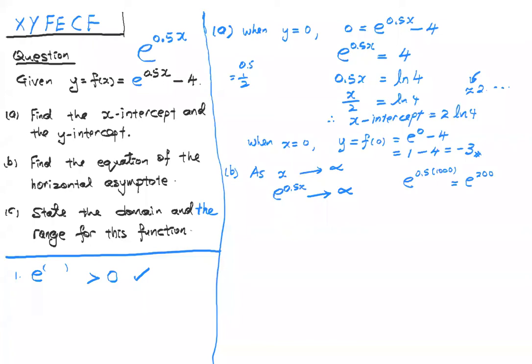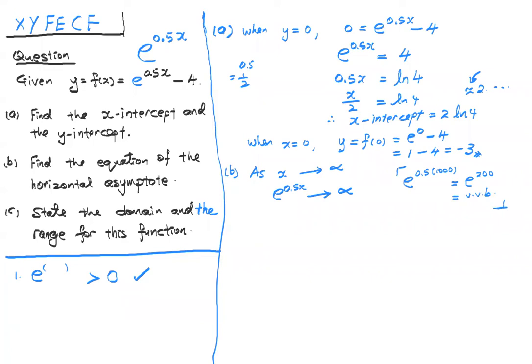Is it very big? e to the power of something that is very big is very, very big. These types of things you have to imagine by yourself. You just put in a number and look at how the value goes. So it tends toward infinity. Are you okay? This is something that you have to be initiative enough to do.